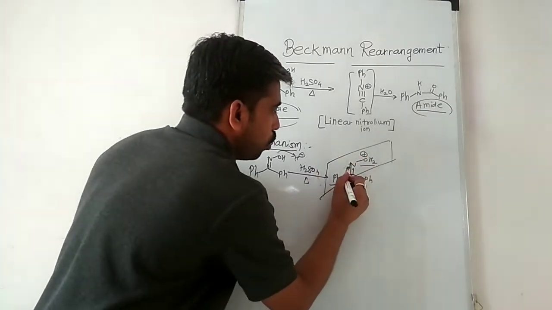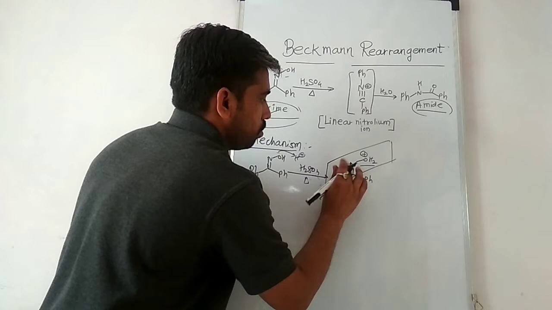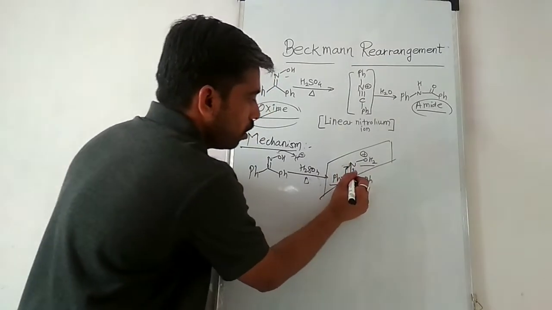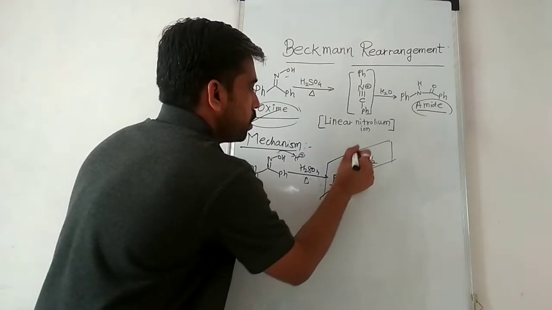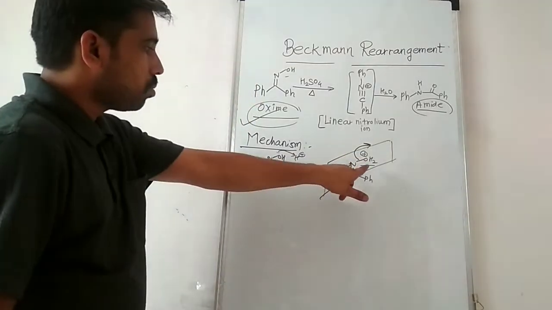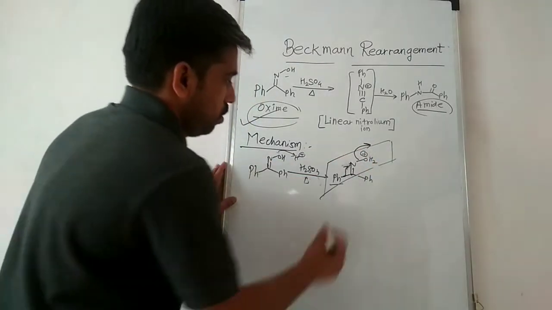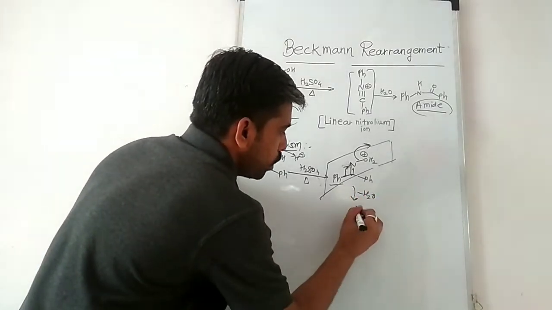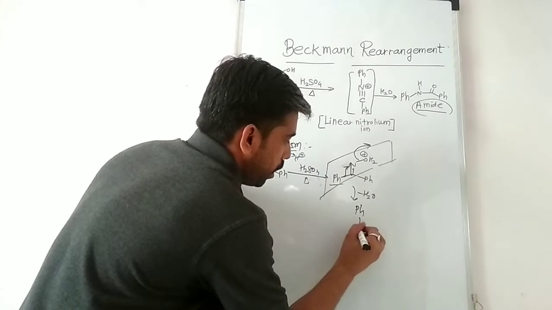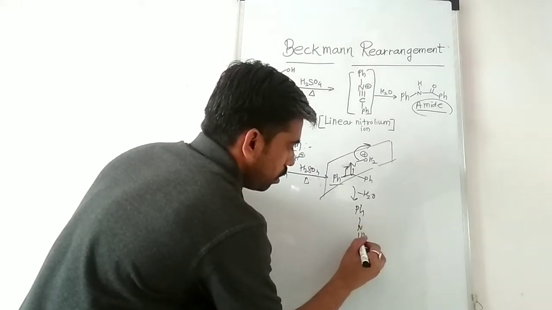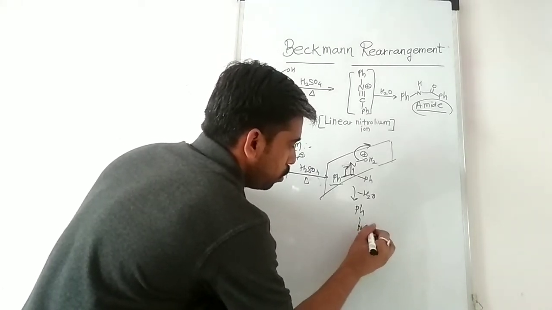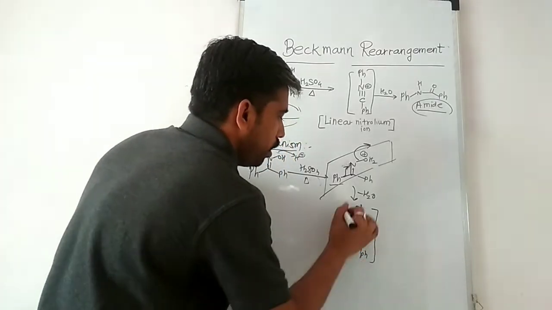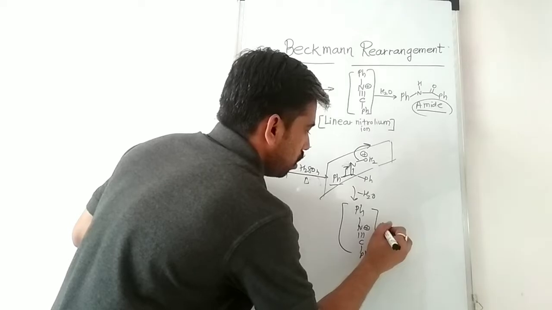So this bond migrates from this carbon to the electron deficient nitrogen, and this water molecule leaves. This is minus H2O, and there is formation of the linear nitrilium ion, C triple bond N positive and Ph. This is the linear nitrilium ion.